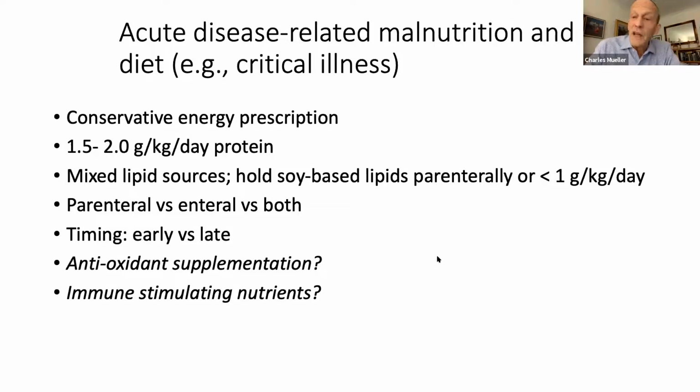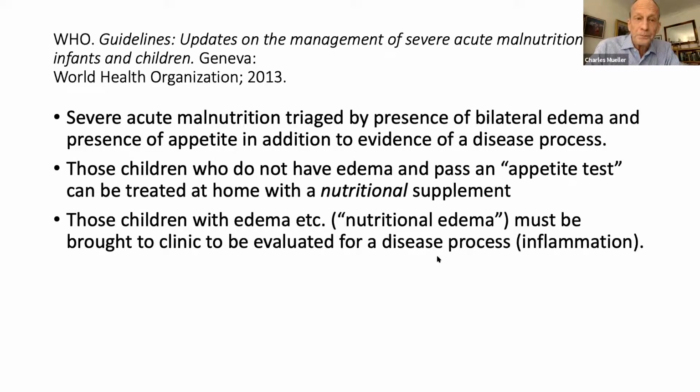Maybe we shouldn't be feeding them at all in the first few days of admission. And here again, for emphasis, is this triaging of children in the treatment, really emphasizing the difference between starvation and inflammation-related malnutrition.